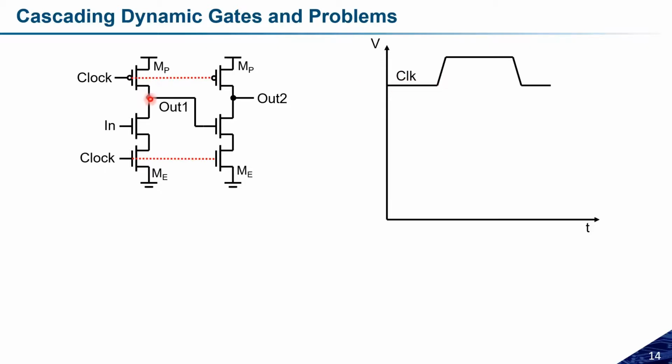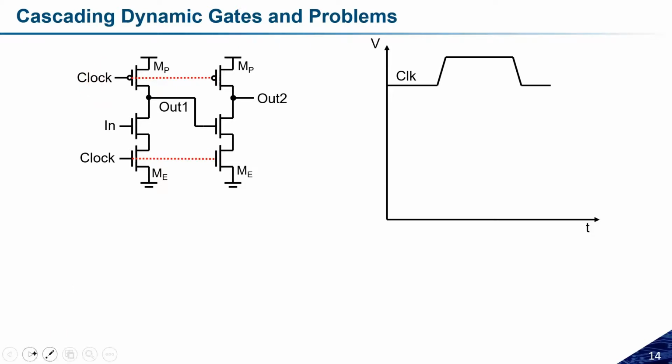This will charge this dynamic node, and this is really very important: this node voltage will also be charged. So both node voltages, the output 1 node and the output 2 node, will be charged to the maximum, because both pre-charge transistors are in the on state, since the clock is at logic low.